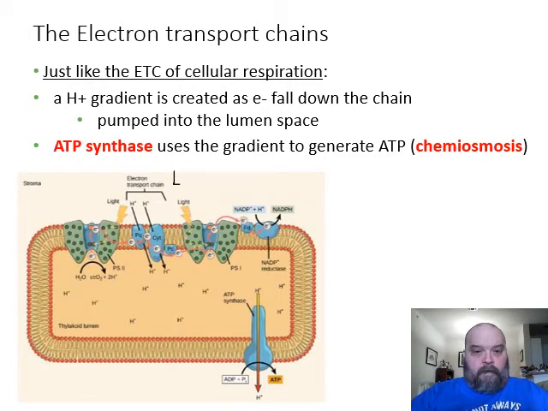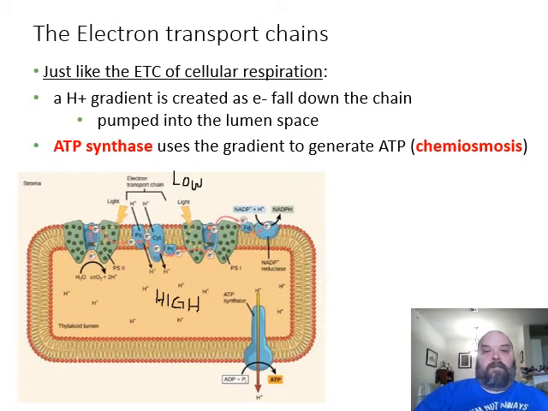Out here, we see that the hydrogens are at a low concentration, and in here, they are at a high concentration. So since we're going uphill here, we're going against concentrations, we have to pump.